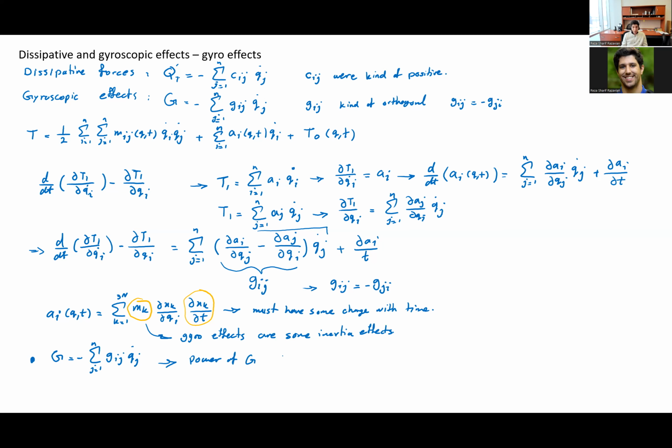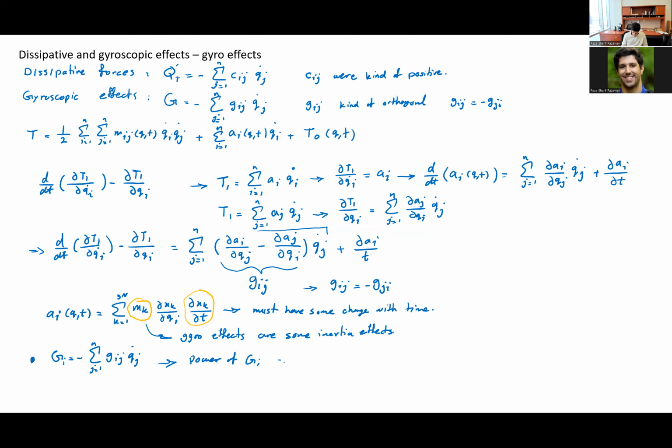And again, remember, power is force times the velocity. This is Gi. So the total power of this is its effect on all coordinates.